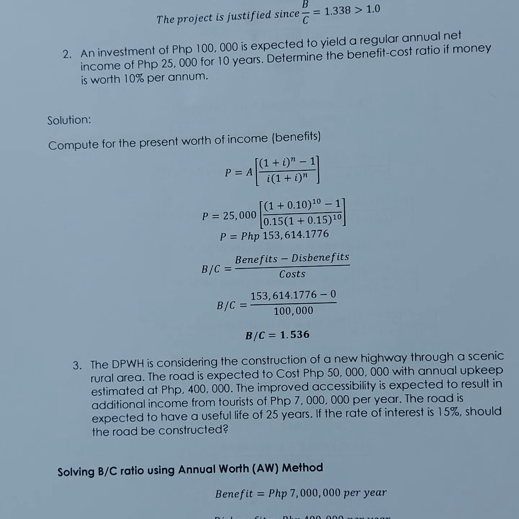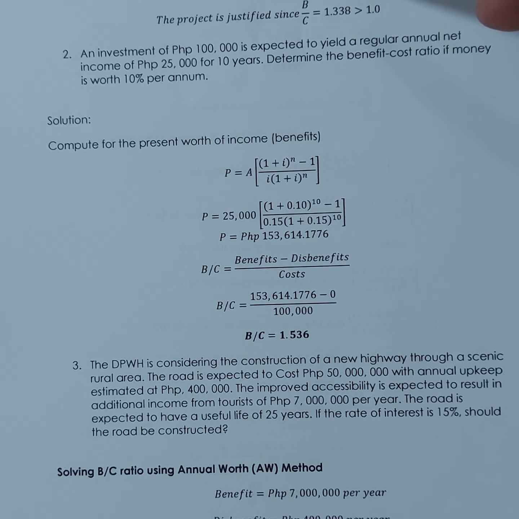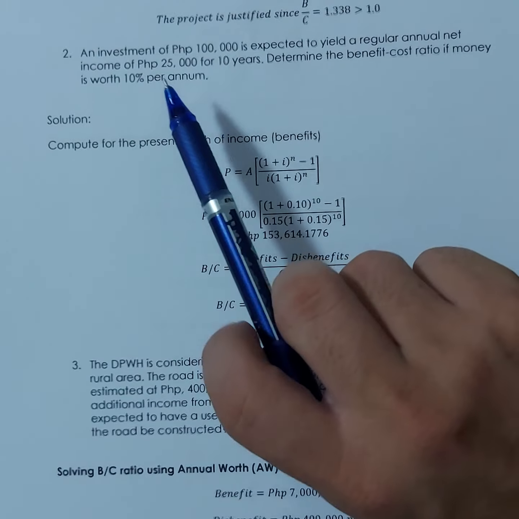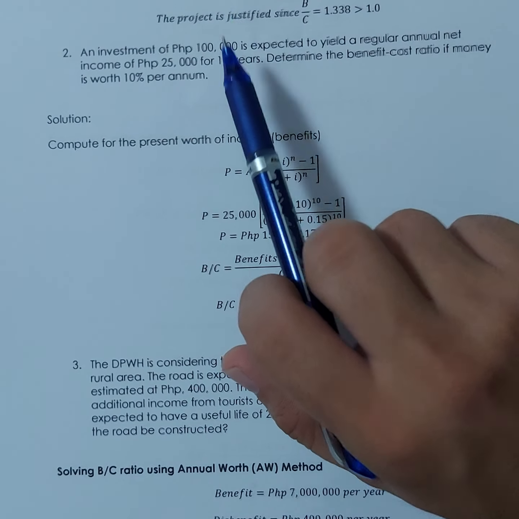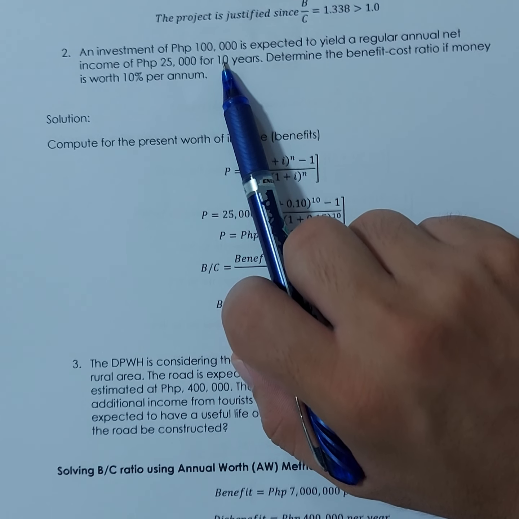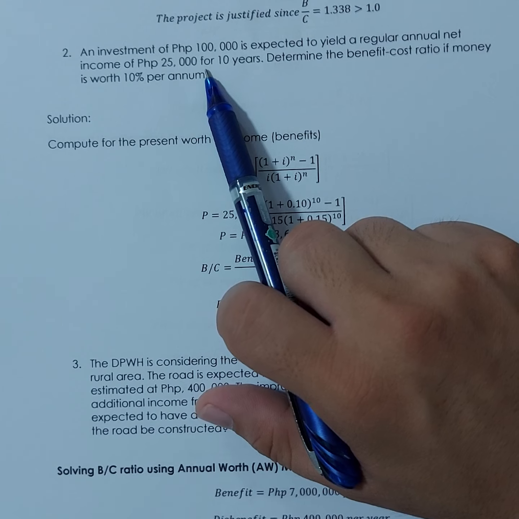So pwedeng just this, so kanina annual worth yung ginawa natin. So pwede namang present worth. So since initial investment natin, presently we're going to invest 100,000 pesos. So you expect an income of 25,000 pesos per year.